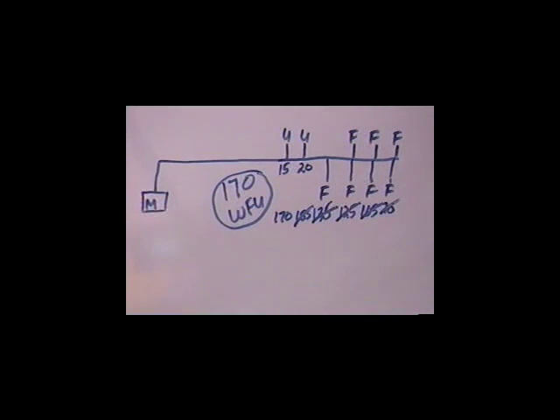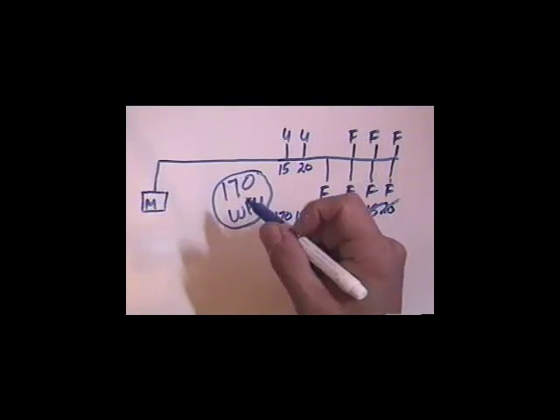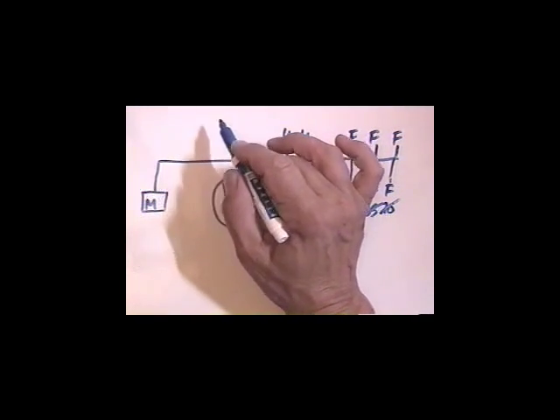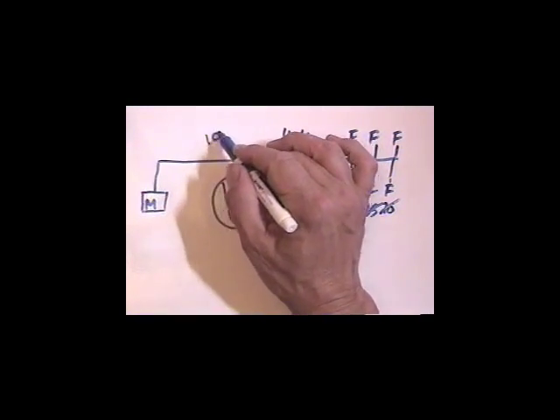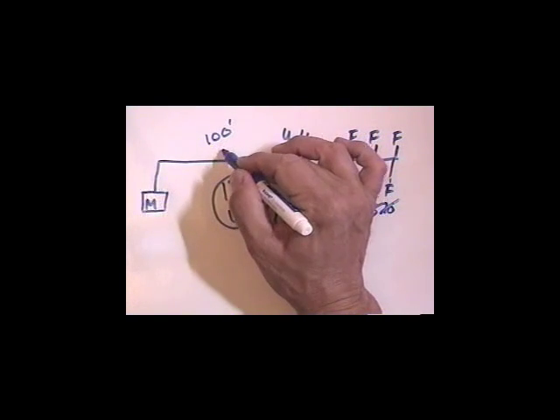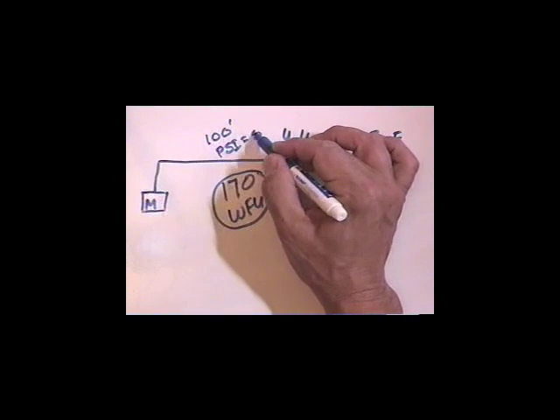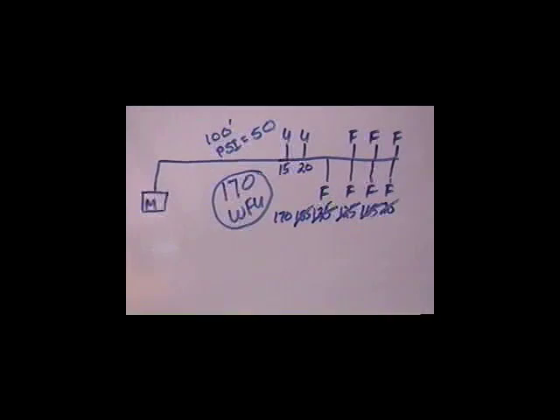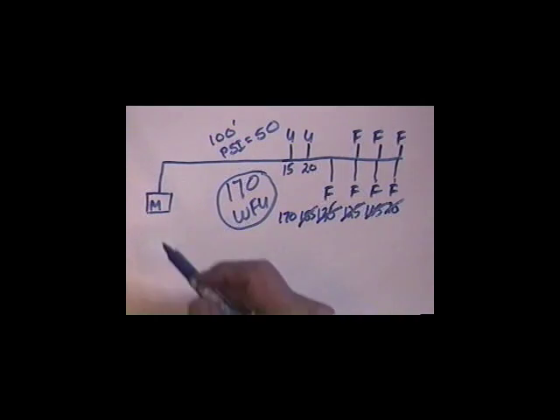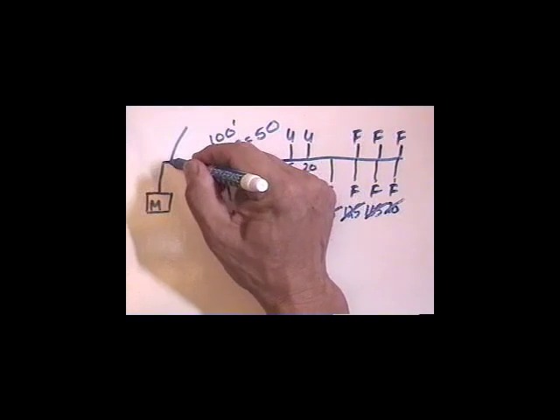Now if I were going to size this, again just for example, let's say our developed length is 100 feet and our PSI is equal to 50 PSI. Why don't you look up and tell me what the size of this line is right here.